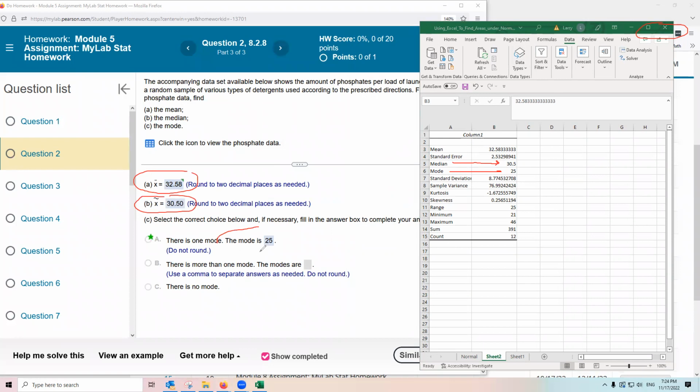So here's the mode being 25. You know, this question might also ask me, what's the standard deviation? Here's the standard deviation. Here's the minimum in the data set. Here's the maximum, and so on. So this gives you a nice quick summary of that data set just using one command in Excel called this descriptive statistics routine.